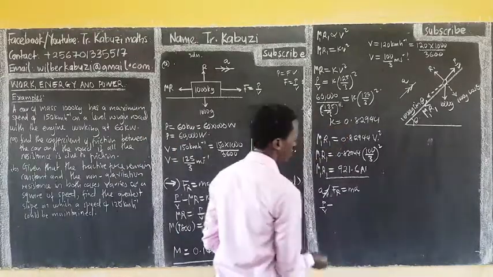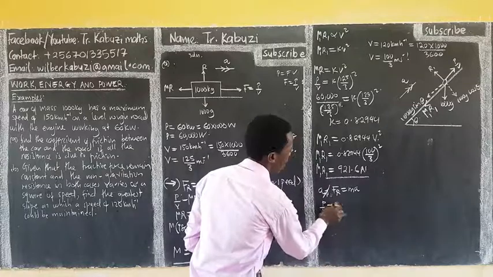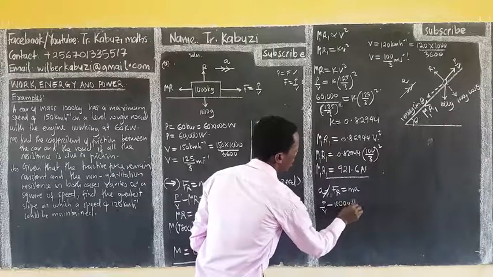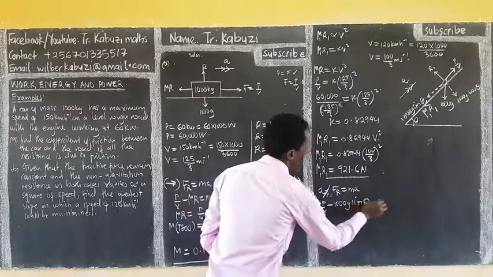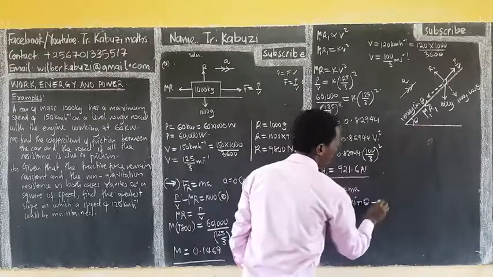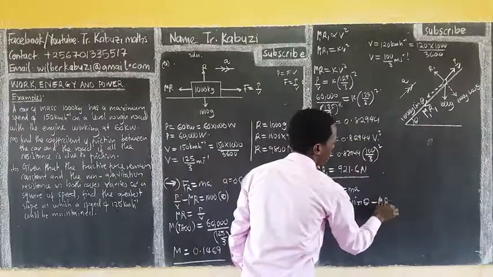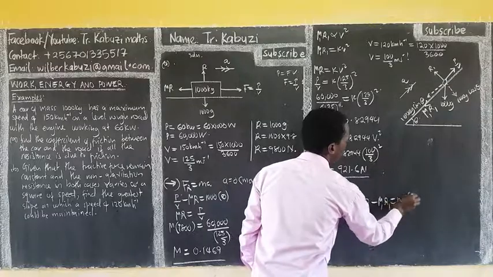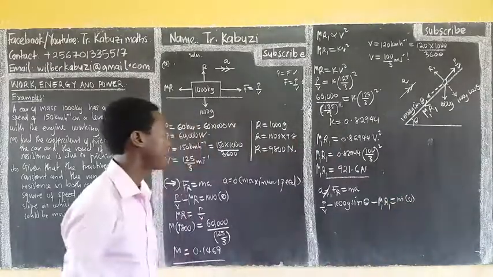We have 1000g sin theta, then minus also μR, equaling m into 0, because we are at maximum speed.